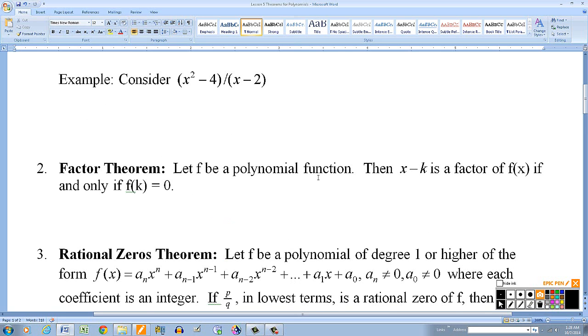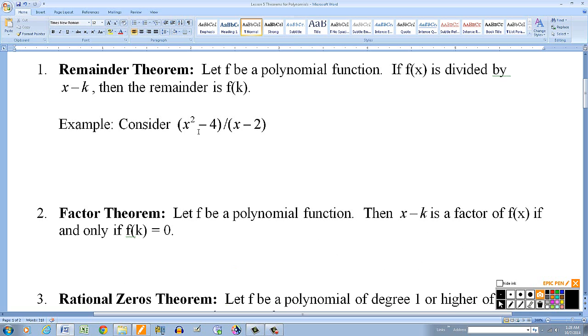So if we look at this example right here, x squared minus 4, that's your polynomial. In this case, the lead coefficient is 1, and the constant term is negative 4.